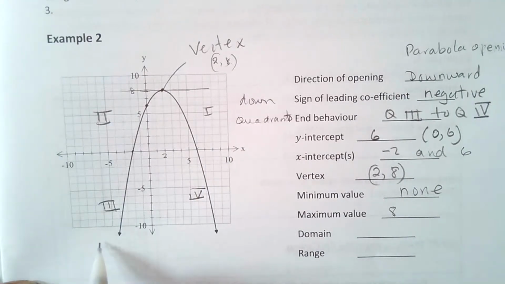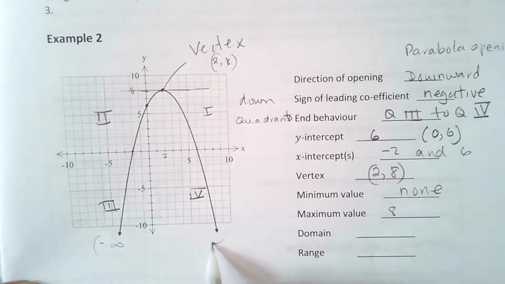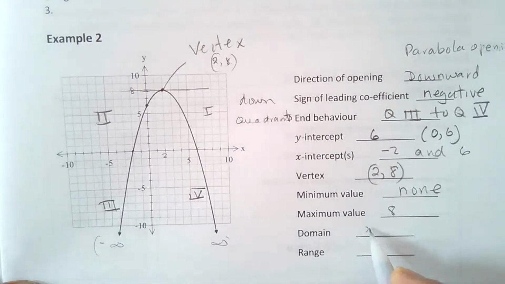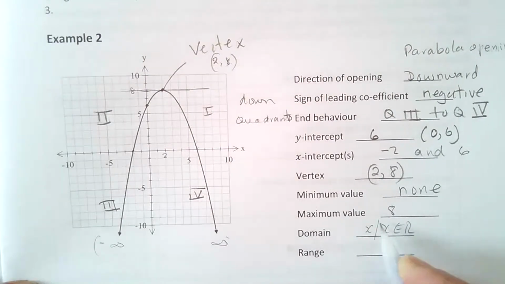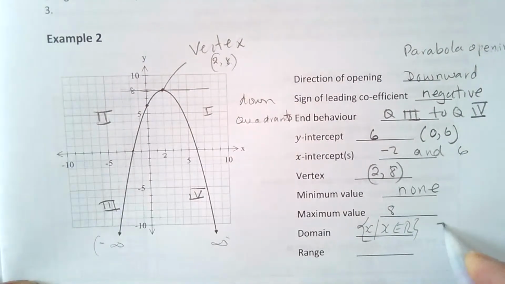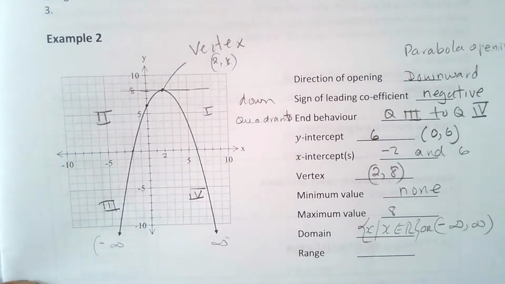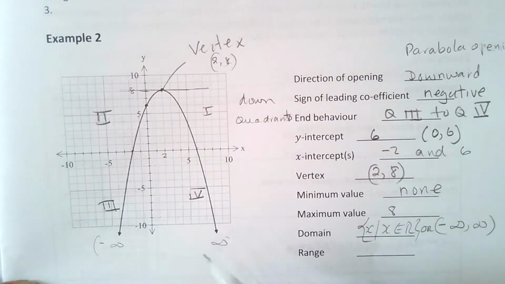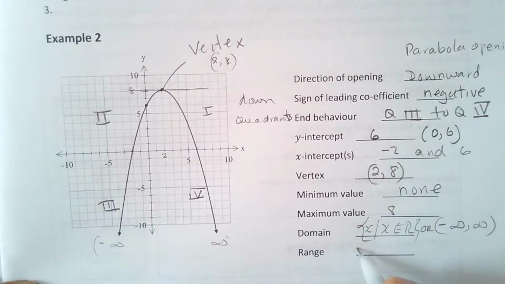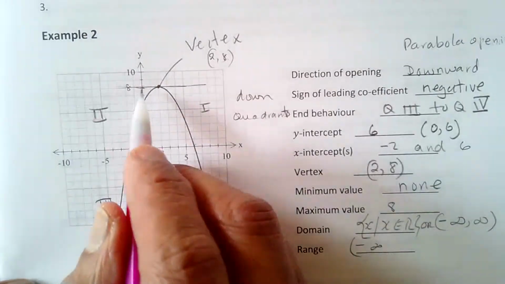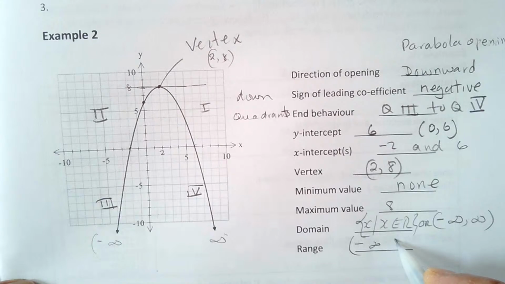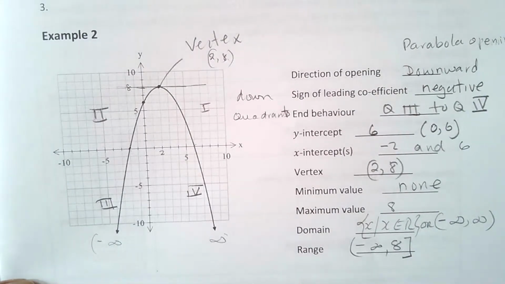The domain is from -infinity to infinity. So we can say x such that x is a set of real numbers, or -infinity to infinity. The range is from -infinity, because we're going down, to a maximum point, which is 8. Let me close our bracket.